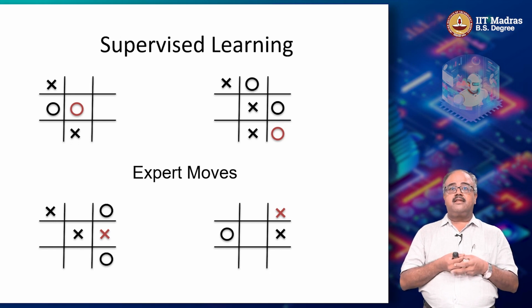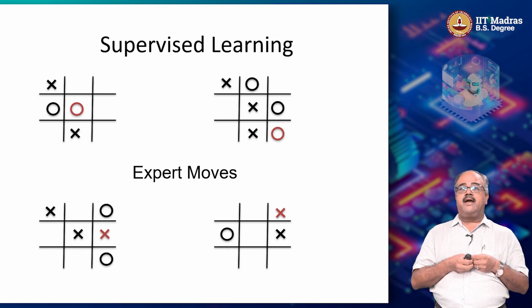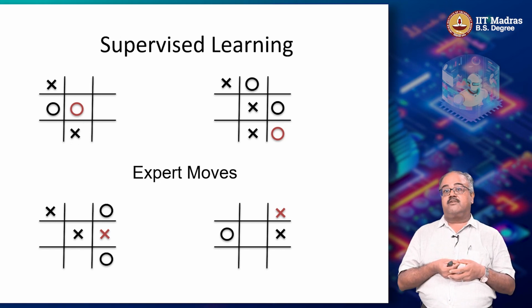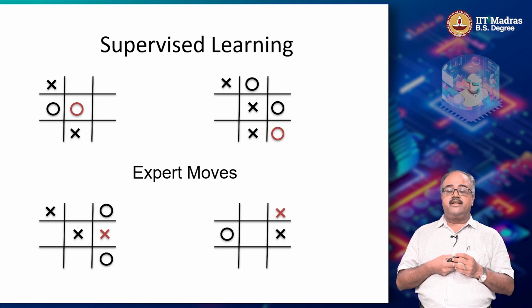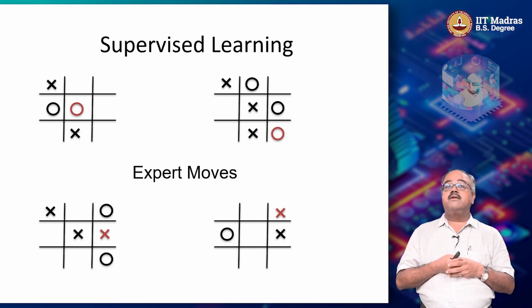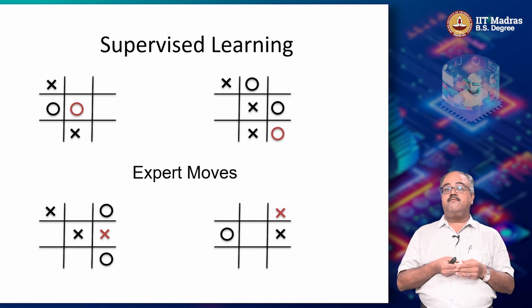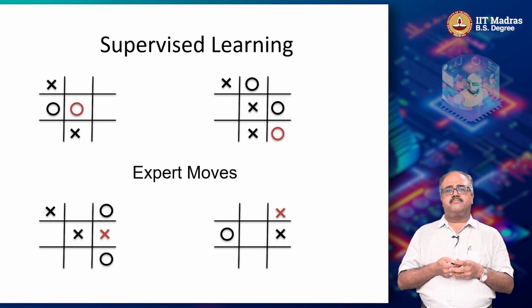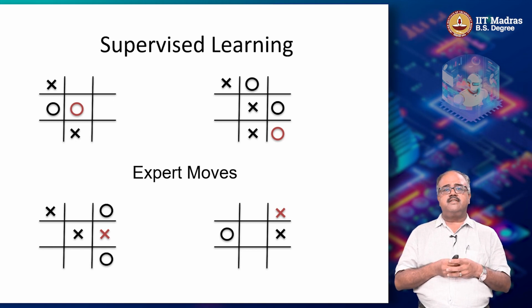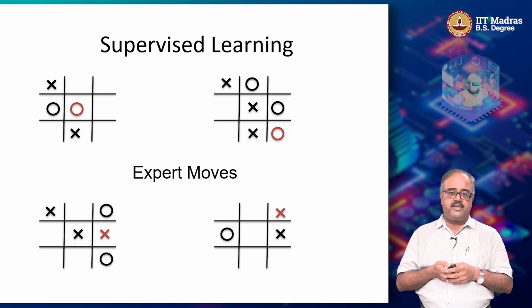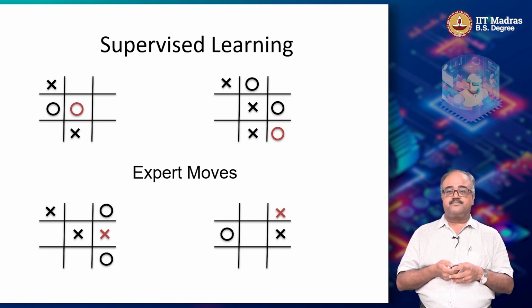Then the computer is fed this set of data as training data, and it learns a classifier. You take your favorite classifier, it could be a support vector machine, decision tree, neural network, whatever you want, and that learns what is the right move to make for any given board position. So that's how you typically train it using supervised learning: you have a set of positions and expert moves, and based on that you train the agent.